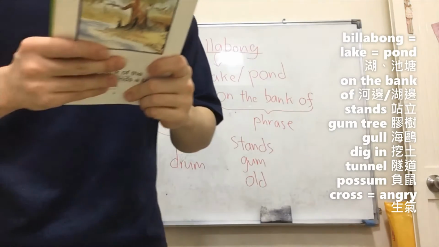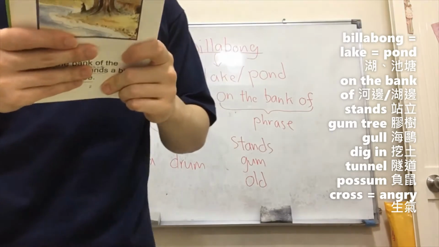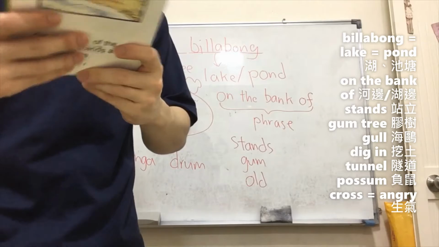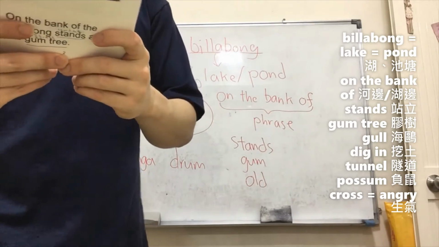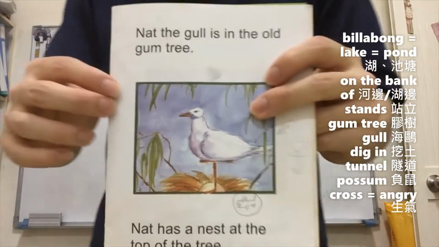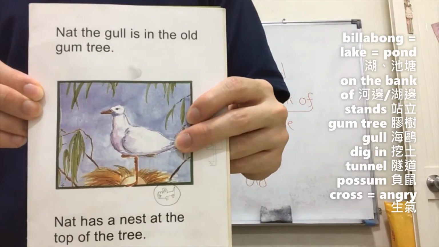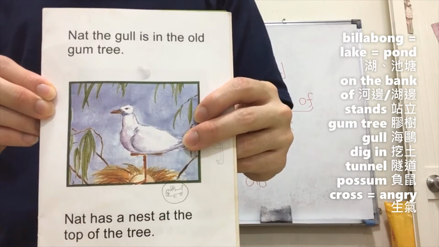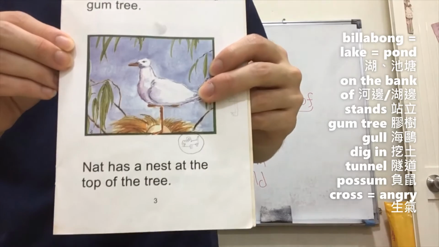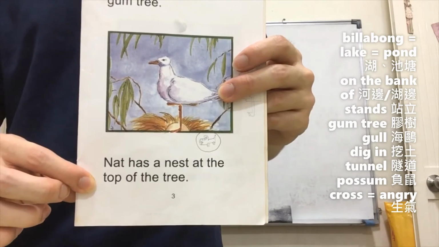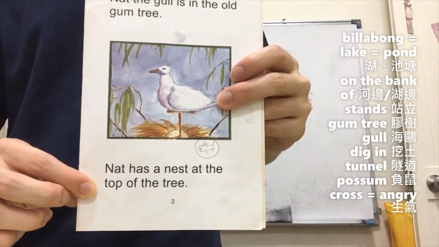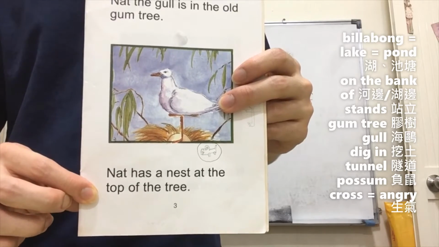On the second page, Nat the gull is in the old gum tree. Nat has a nest at the top of the tree. In the first sentence, Nat the gull is in the old gum tree. Second sentence, Nat has a nest at the top of the tree.